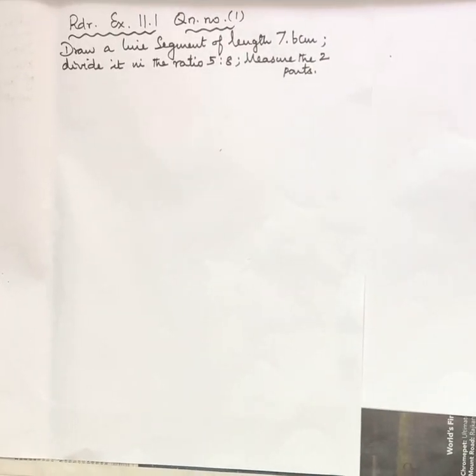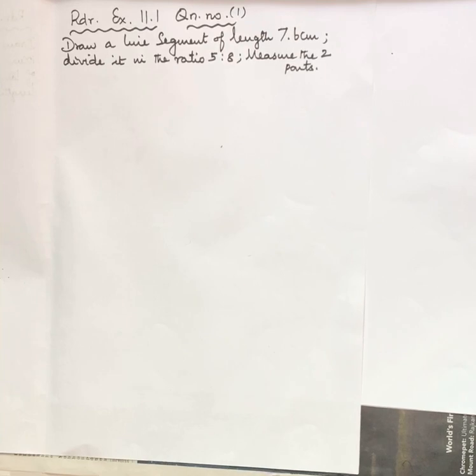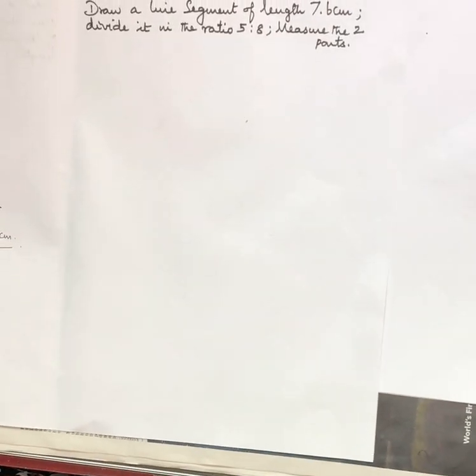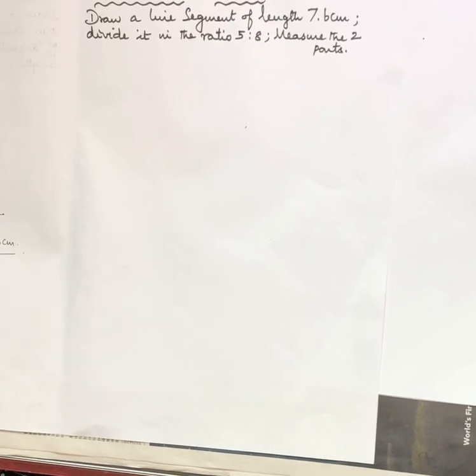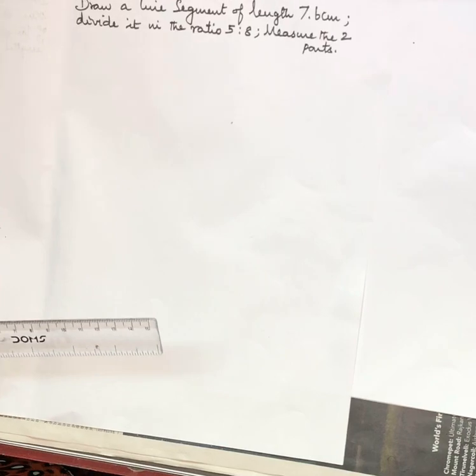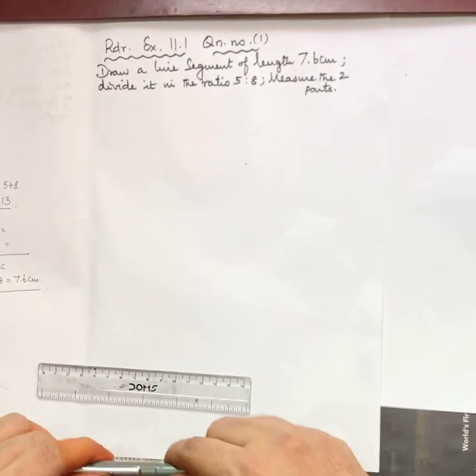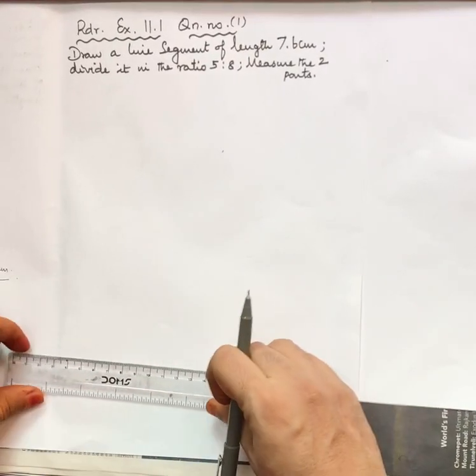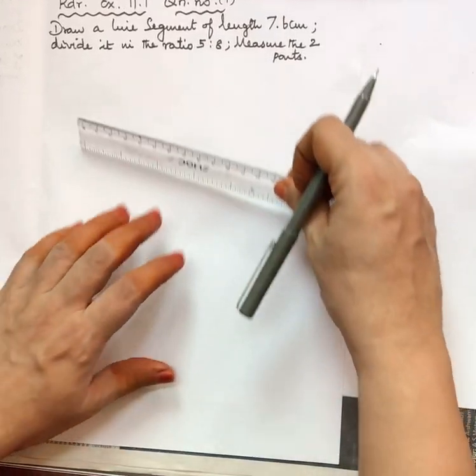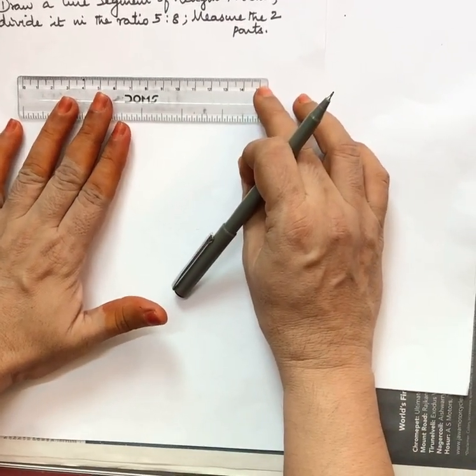There are two parts in this question. The first part tells you to draw a line segment of length 7.6 centimeter. So, I am taking the ruler. Ruler is nothing but your scale. Keep the scale this way.